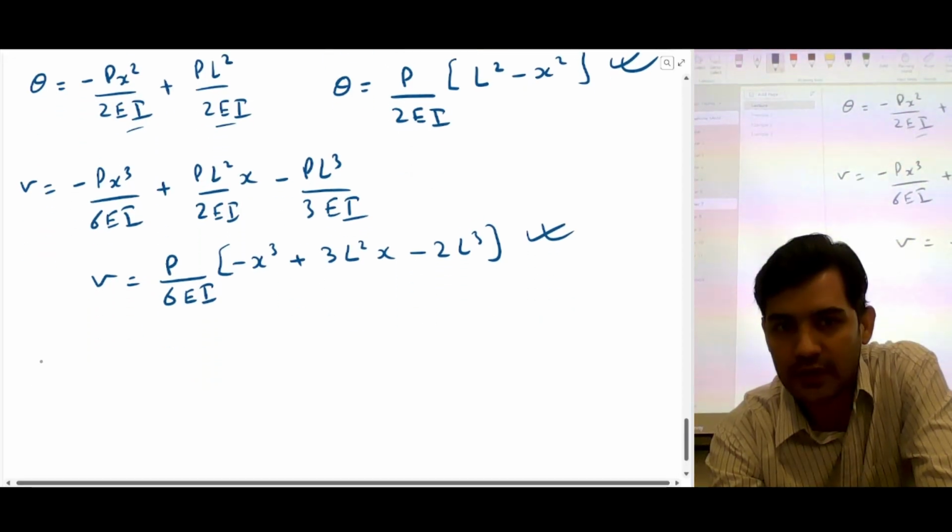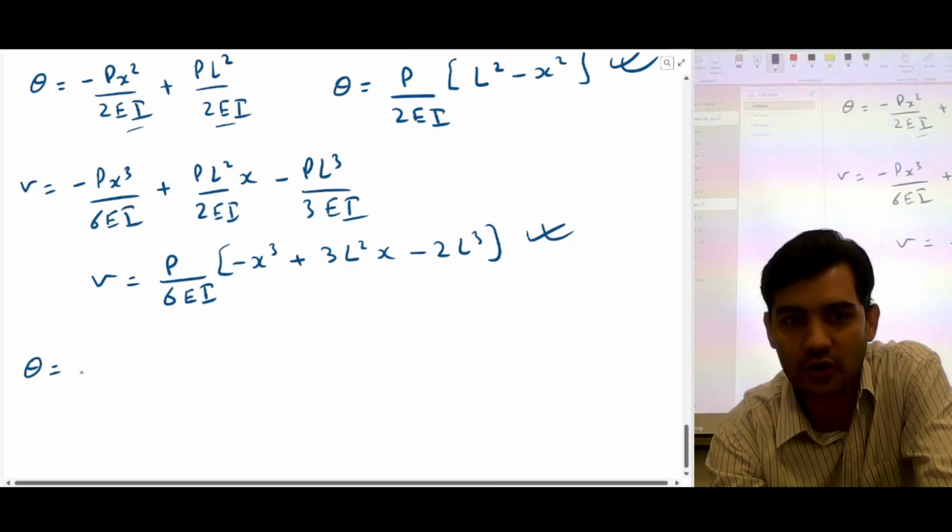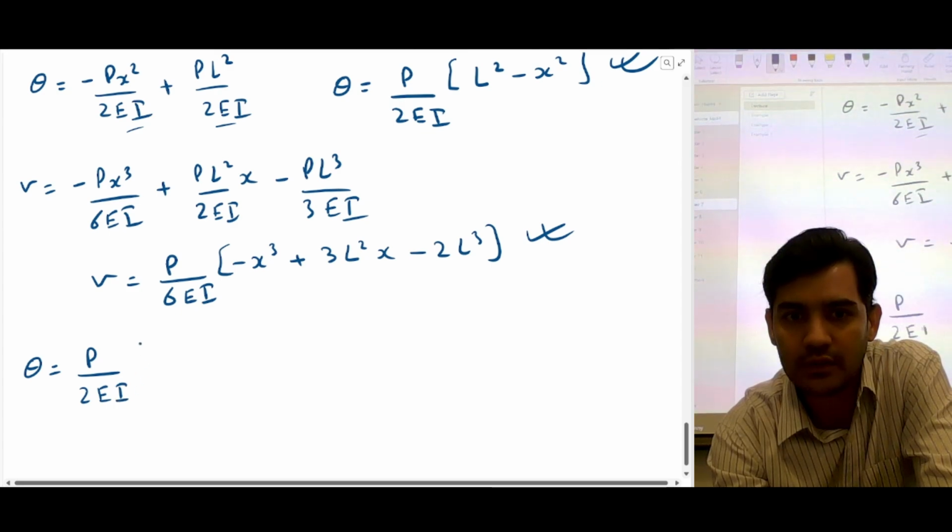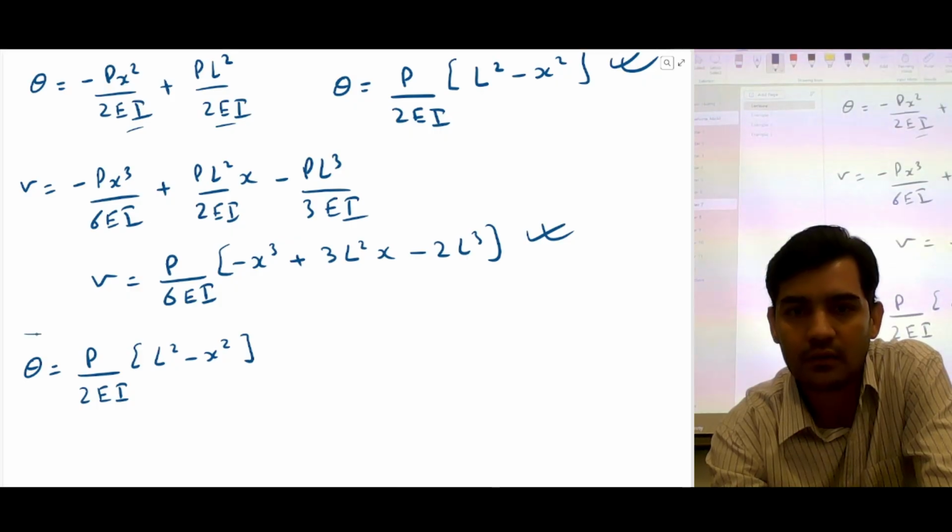So I'm going to write the two equations here which we got. So we got P over 2EI into L square minus x square.